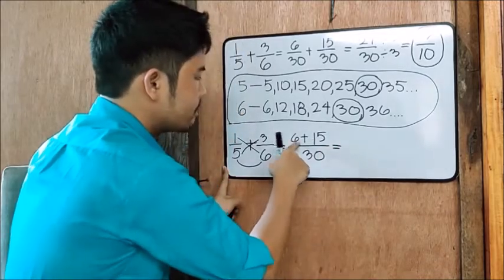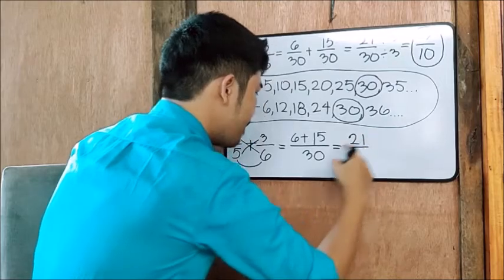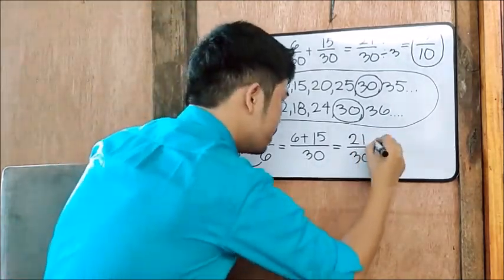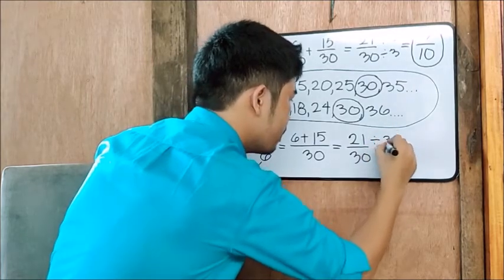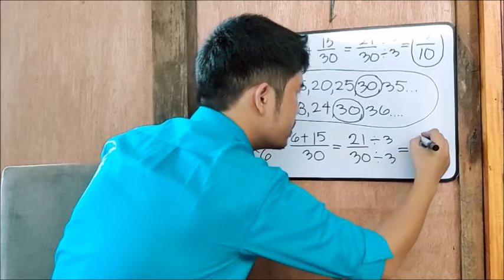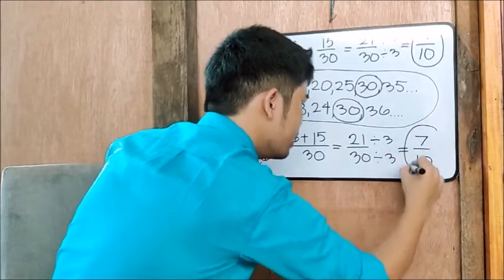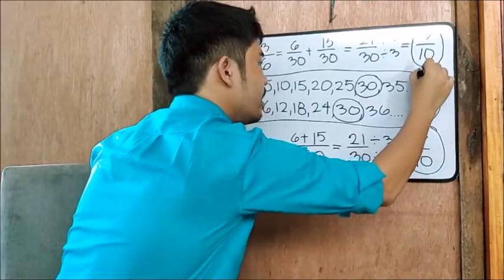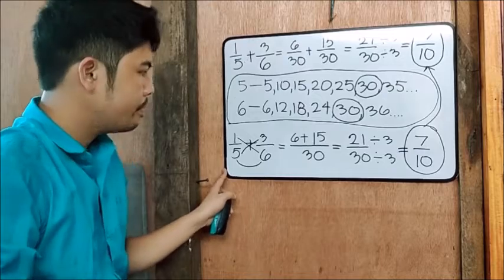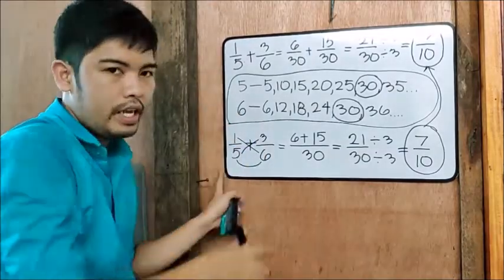And then add 6 plus 15, which is equal to 21. Copy the denominator 30. Simplify. And our final answer is the same, 7 over 10. Okay? We obtained the exact same answer, but this time we didn't use the LCD.